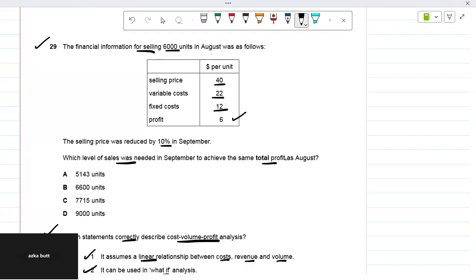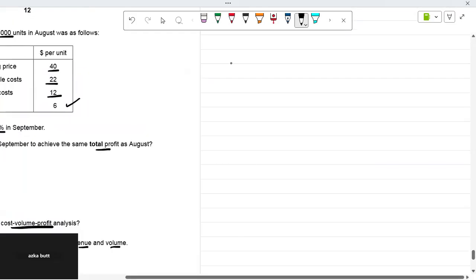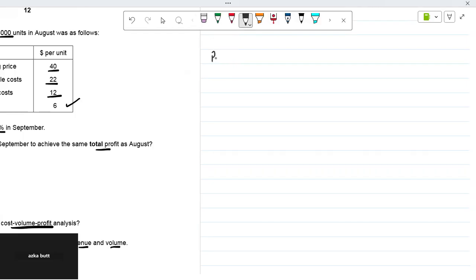First of all, we want to find out the profit per unit in August. So this is equal to selling price minus variable cost. Selling price is $40 minus 22, which is the variable cost, so it is $18.